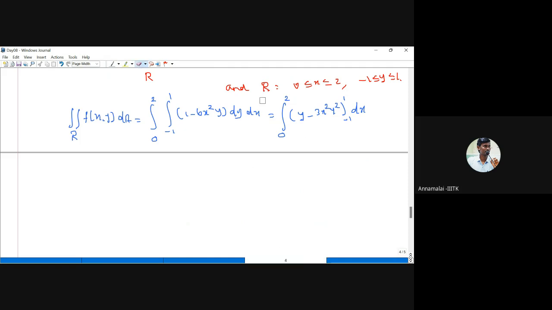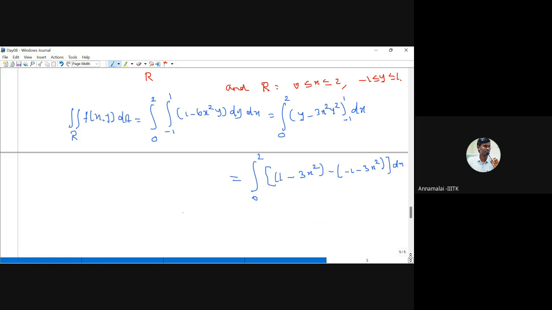So if you substitute, it is the integral from 0 to 2 of 1 minus 3x square, minus, if we substitute minus 1, we get minus 1 minus 3x square, dx.